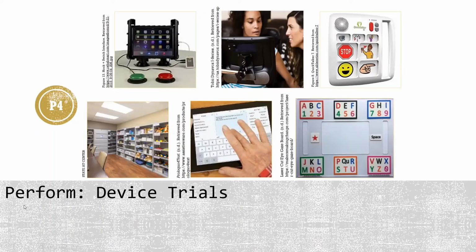When we look at all that, we're able to then prepare the devices or the AAC systems that we want to trial, whether that is an eye gaze board, a mid-tech system, or a high-tech system like the Proloquo for text that's right here in the middle, in which they're using an alternative keyboard with voice output, quick phrases, maybe some switch access, head tracking, or eye gaze.